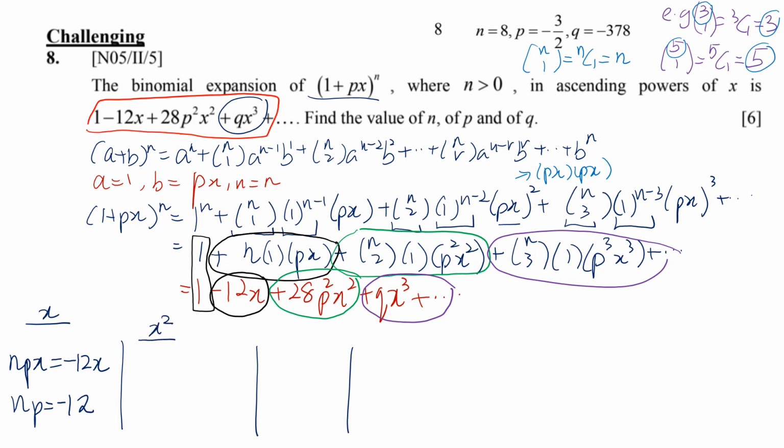So my x squared term will be this, equal to 28 p squared x squared. I can divide by p squared x squared on both sides, and that will give you 1. So that is equal to 28.